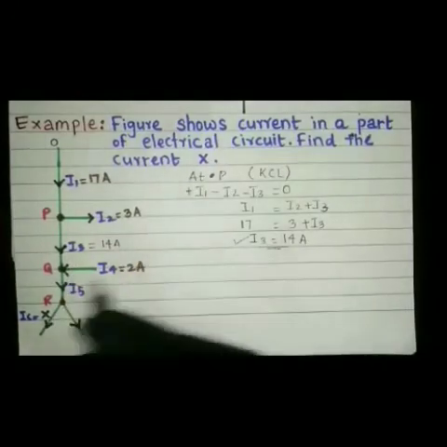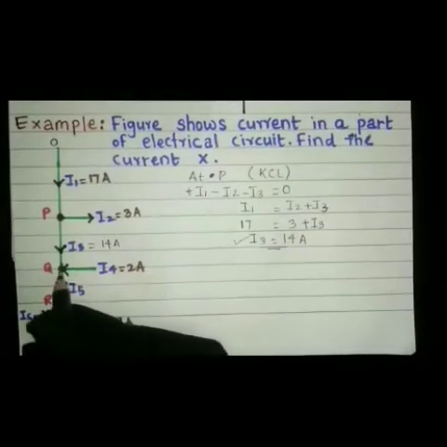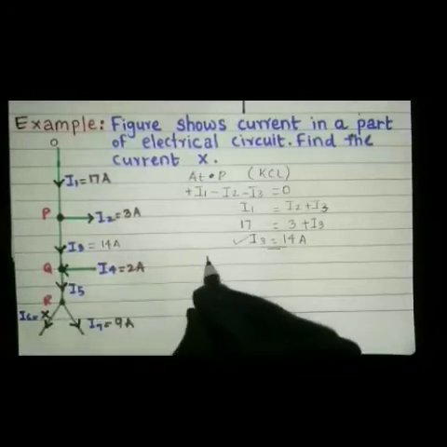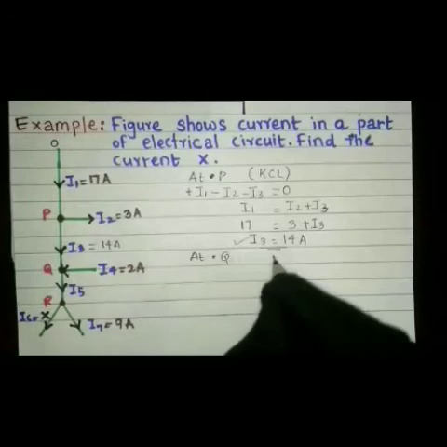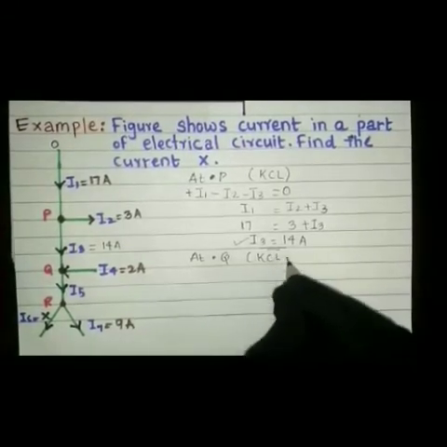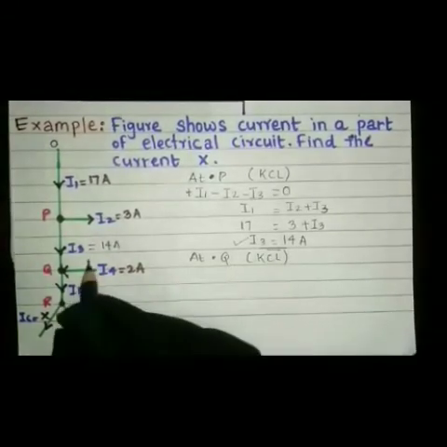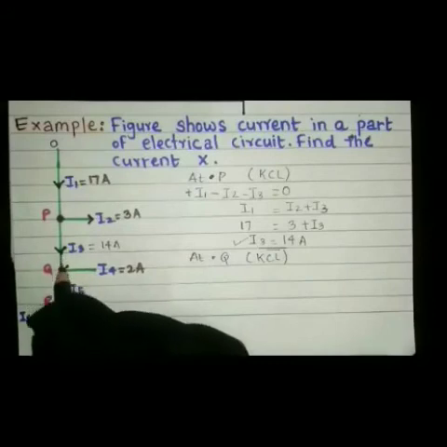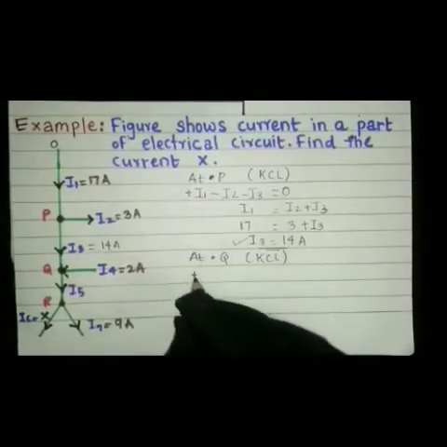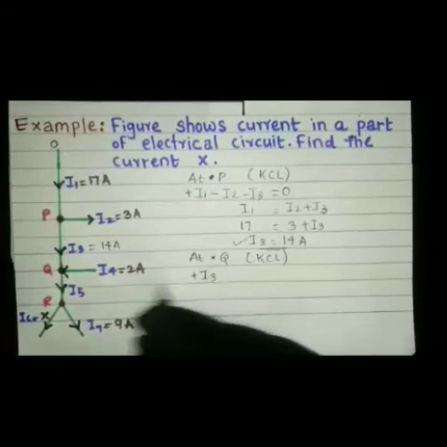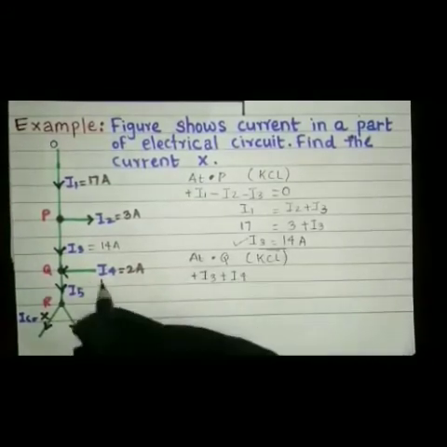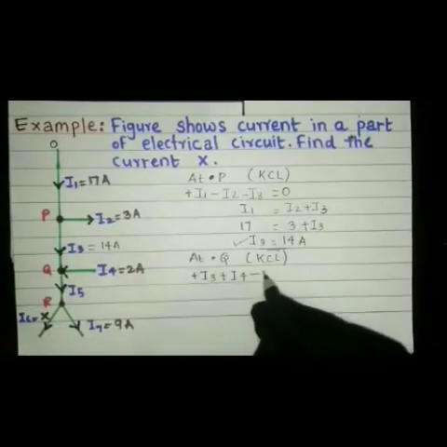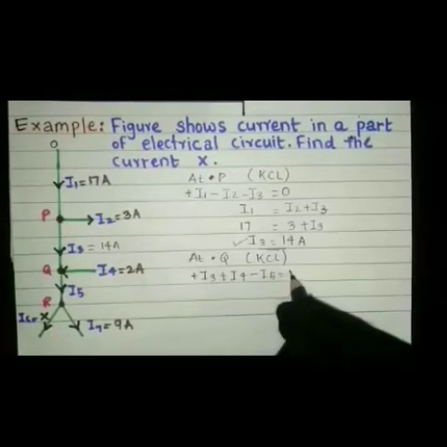So now apply Kirchhoff's first law at this junction Q, that is KCL. See the direction: I3 is coming towards the junction, that will be positive. I4 is also coming towards the junction, again positive, and I5 is leaving the junction, that will be negative, equal to 0.